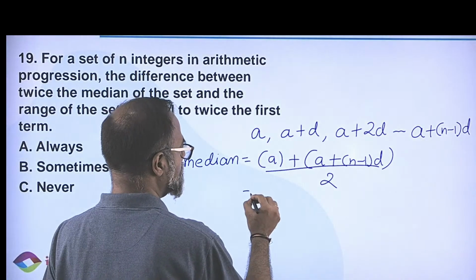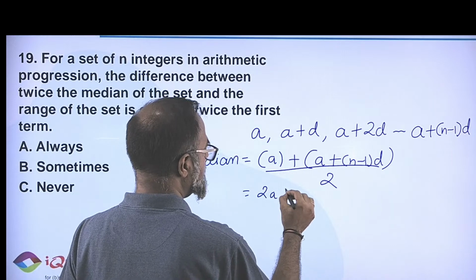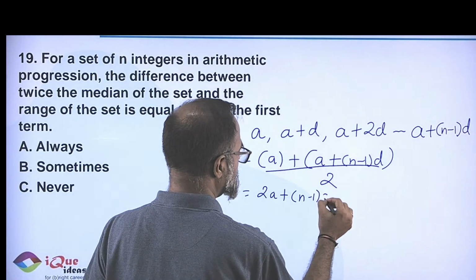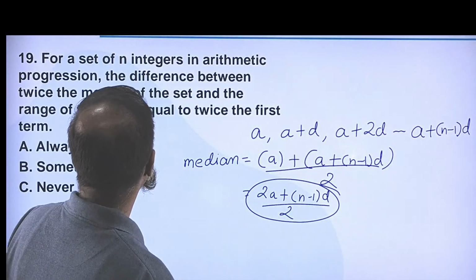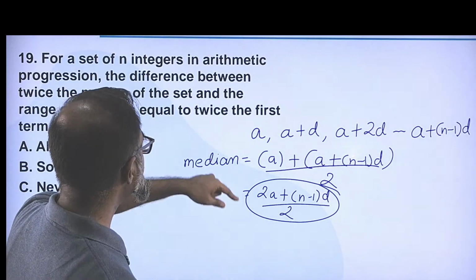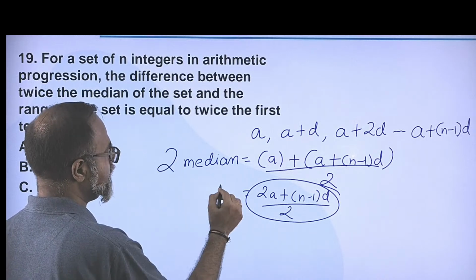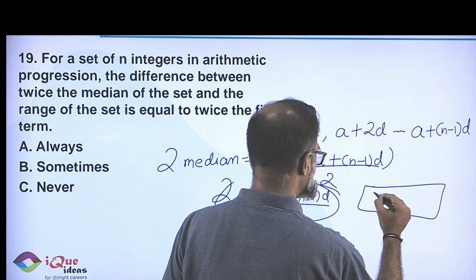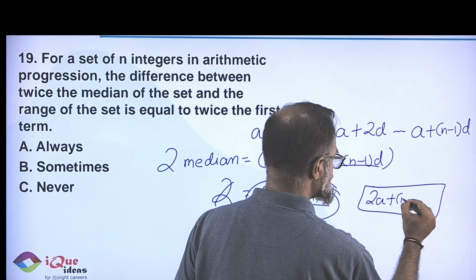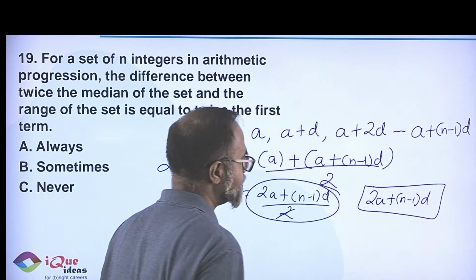So that is equal to (2a plus (n minus 1) into d) the whole upon 2. Right? So twice the median is 2 times this. 2 and 2 get cancelled. So one value is 2a plus (n minus 1) into d.